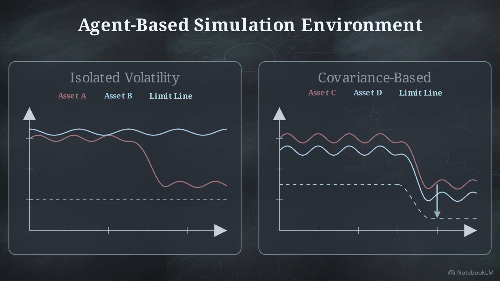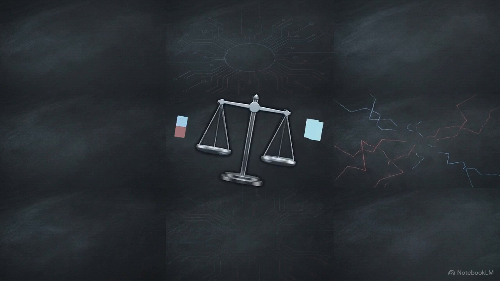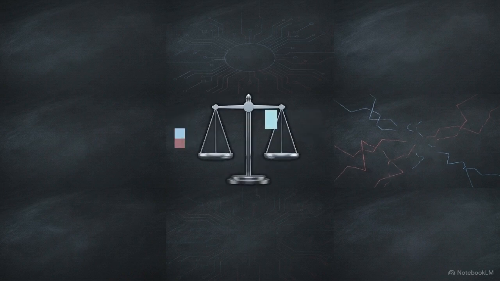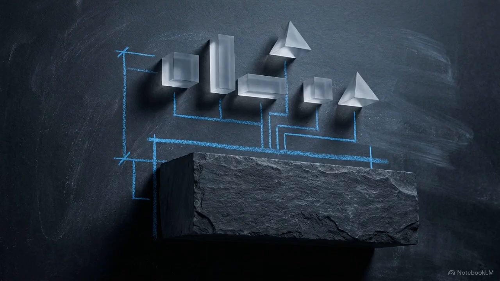By dynamically evaluating how asset pairs move together, the protocol is mathematically prevented from holding overvalued collateral during a highly correlated crash. This covariance framework effectively neutralizes the threat of liquidation cascades, establishing the economic bedrock required to safely onboard large-scale institutional capital.